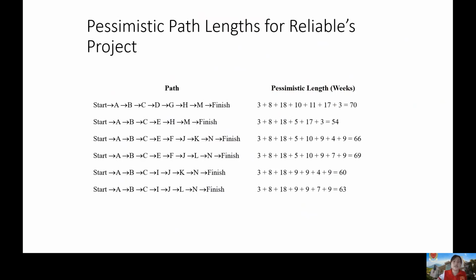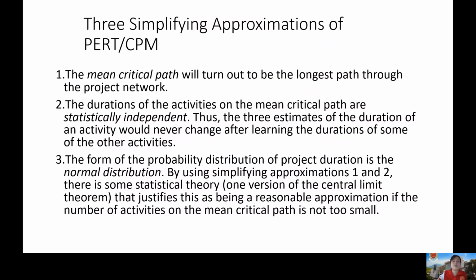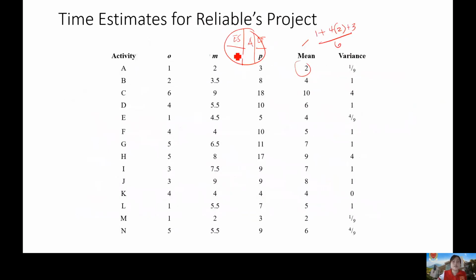Diba, gumawa tayo ng nodes kanina, A. Okay, di ba dito ay ES, EF, tapos dito ay LS, LF. Ang ilalagay nyo nga lang dito ay mean. Okay, halimbawa A, 2, tapos B, 4, okay, etc. Okay?